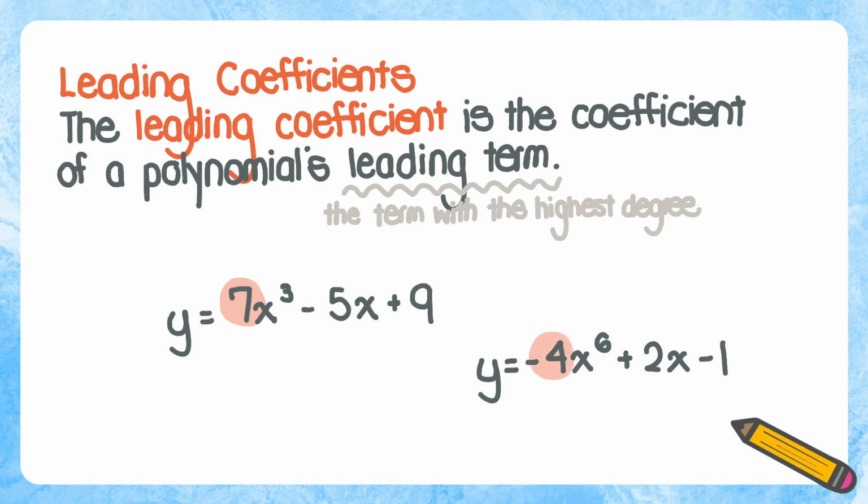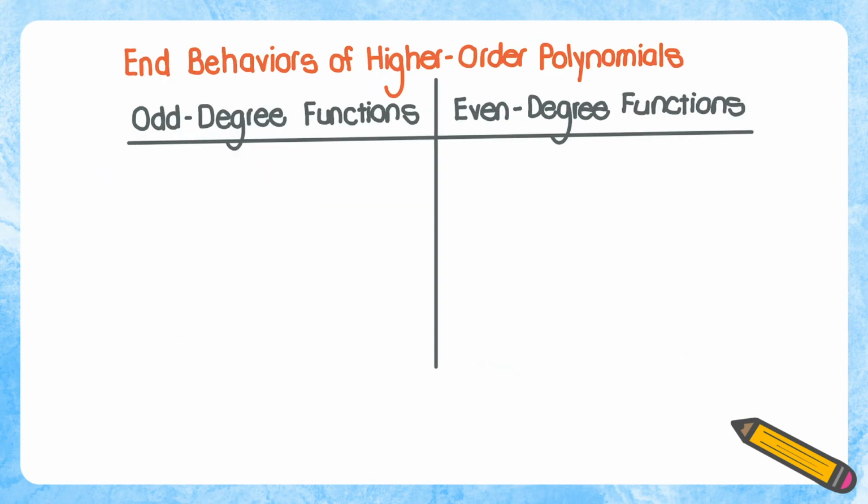It would be negative 4. So keep this idea in mind as we start making comparisons between different types of functions. We're going to be comparing the end behaviors of odd degree functions versus even degree functions. And I'm going to use Desmos to show you a few examples so that you can make some observations of each type of function.